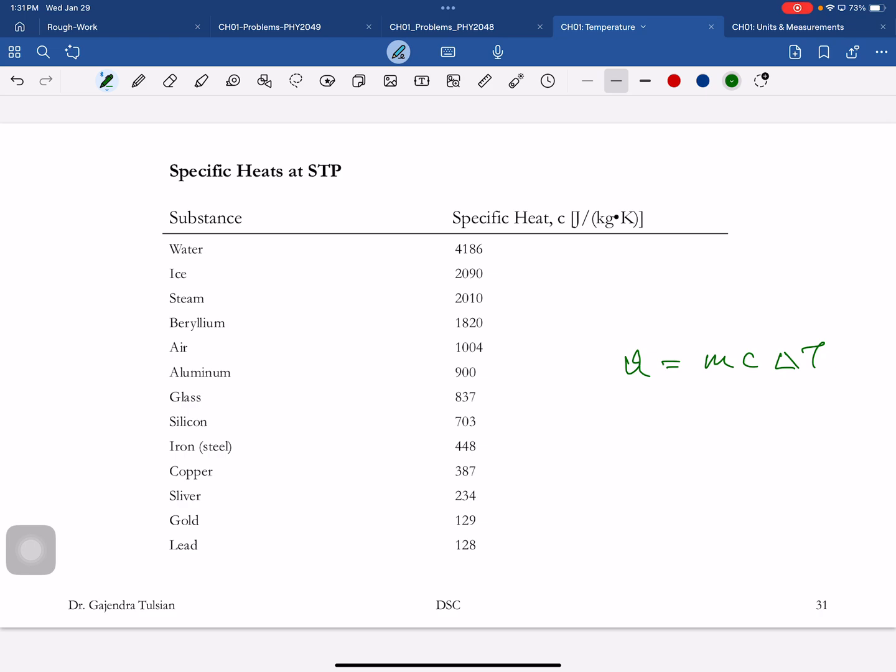Specific heat of concrete in calories per gram per degree Celsius. Okay, it's 880 joules.